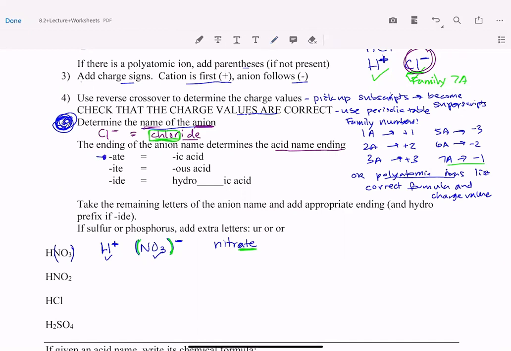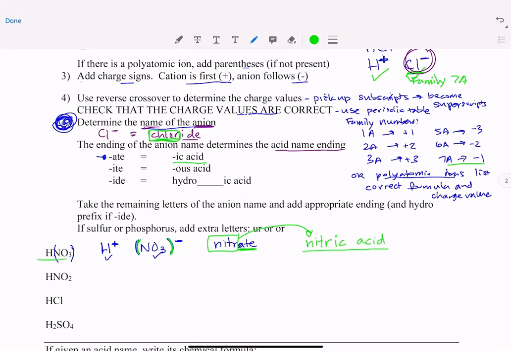So what's the original part of this name? It is NITR. I take NITR and add the new name ending, ic acid. That's the chemical name of HNO3. It's called nitric acid.